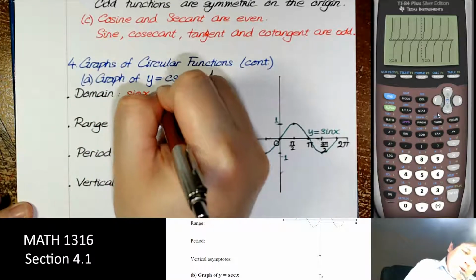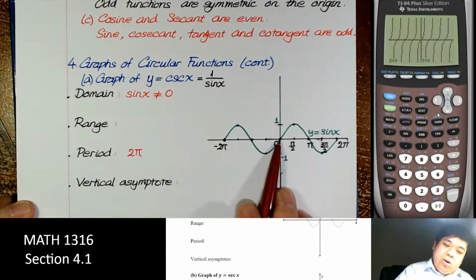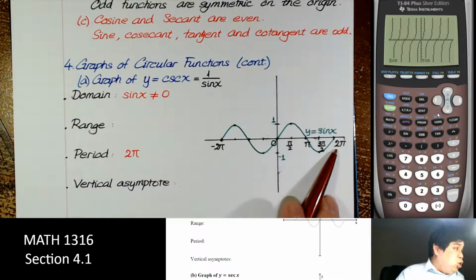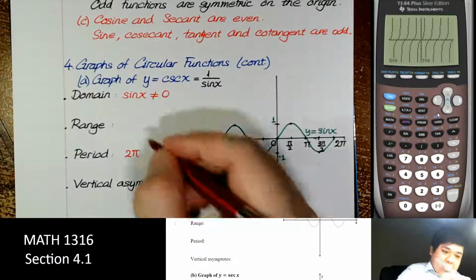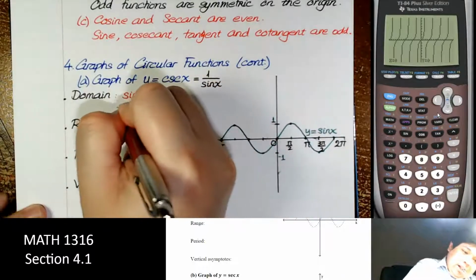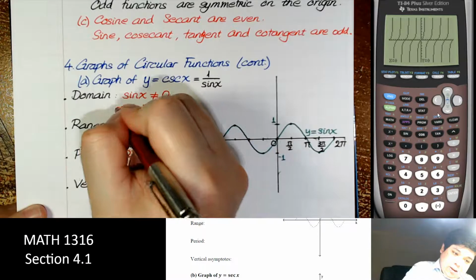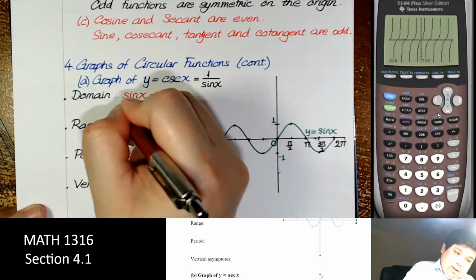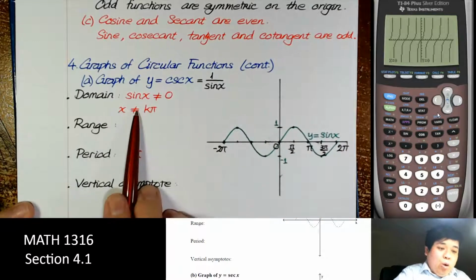Sine x cannot equal 0. So based on the graph, x cannot be 0, cannot be pi, cannot be 2 pi. So the domain is x not equal to k pi. And that is the domain.